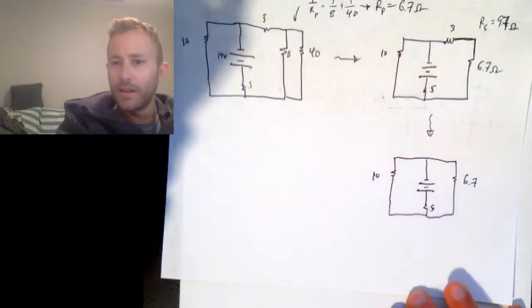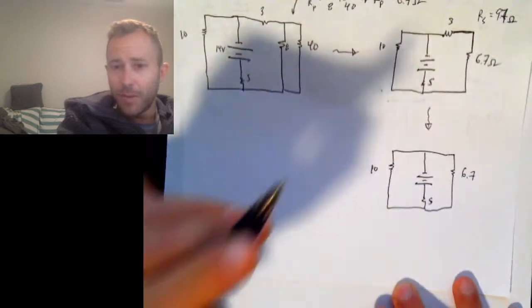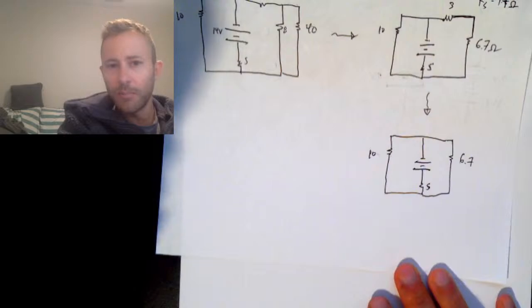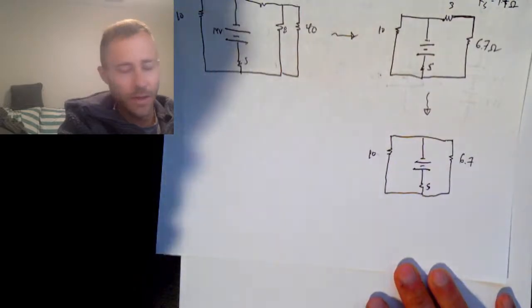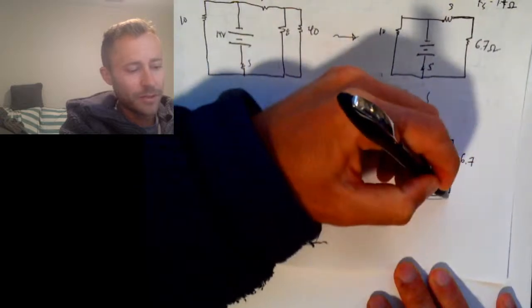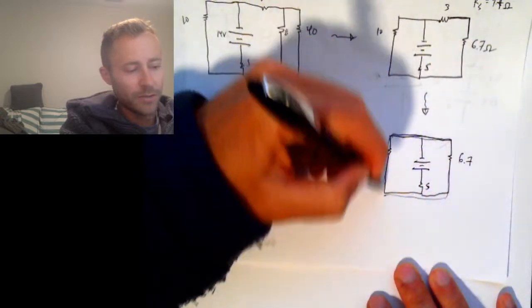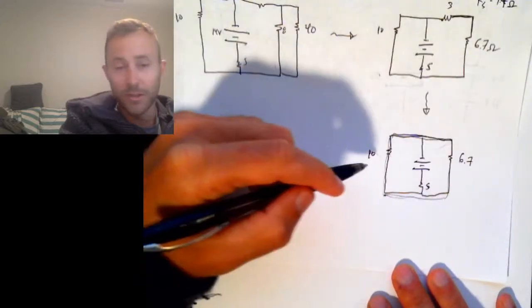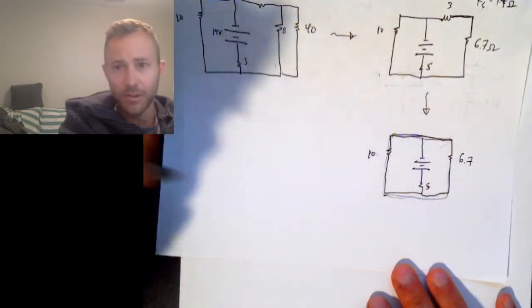All right, and now it kind of gets tricky, but it turns out that the 10 and the 6.7 are in parallel. How do I know that? Because if I go around this outer path, see how that outer path only has these two resistors along it. So those two are in parallel with each other.